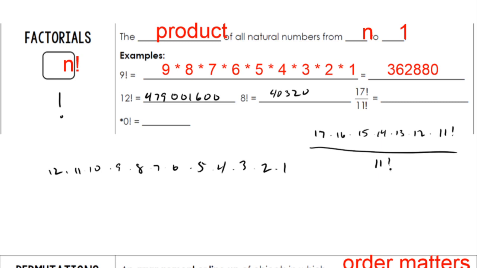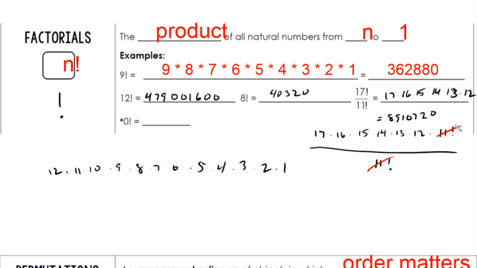And then you can cancel the 11 factorials. So you'll end up with just 17 times 16 times 15 times 14 times 13 times 12, which is, of course, a massive number. It's 8,910,720.